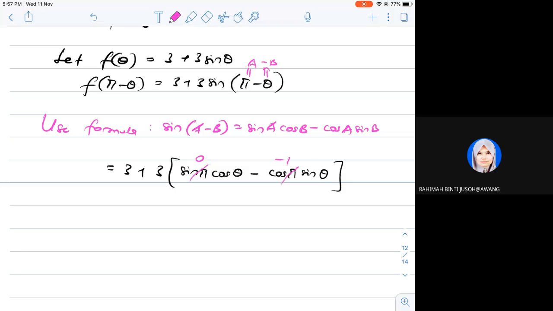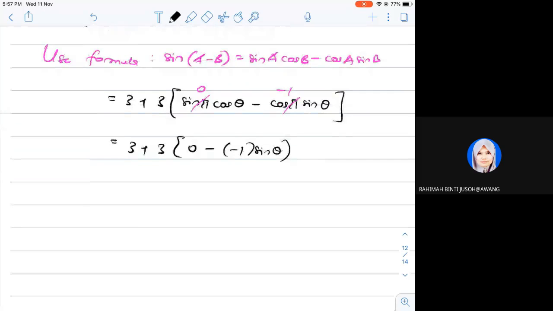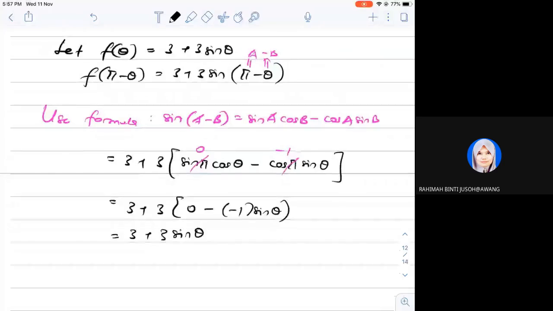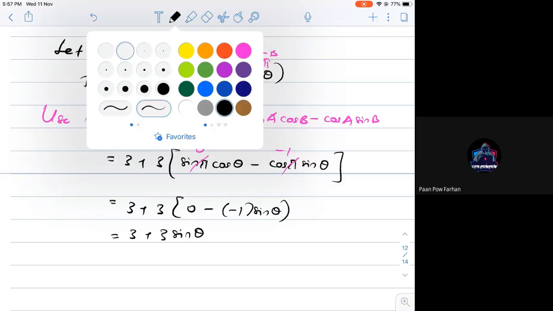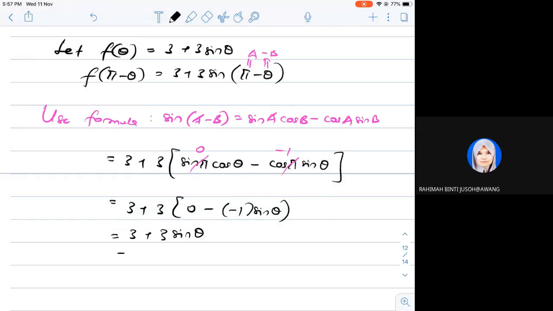Cos pi is negative 1. Okay, next. So 3 plus 3 times 0 minus negative 1 sin theta. So kita akan dapat 3 plus 3, negative becomes positive, sin theta. Dapat balik tak f theta? Yes, this is equivalent to f theta. So yes, symmetry about y axis.